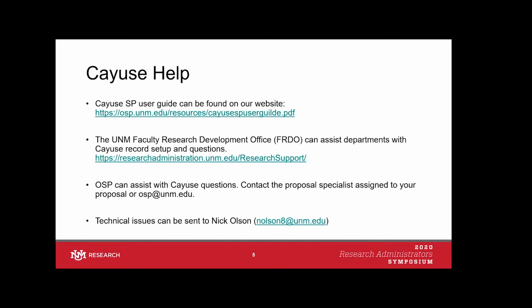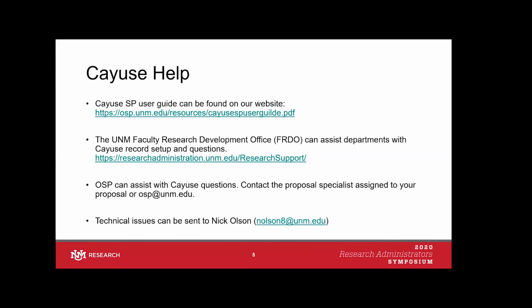If you do need help with your Cayuse, there's a really good user guide on our website that's under the Cayuse tab. It'll tell you basically everything that you need to know. You can also contact the FRDO, and they have a link on their website as well where you can request support, and they can help you set up Cayuse records and answer your questions.